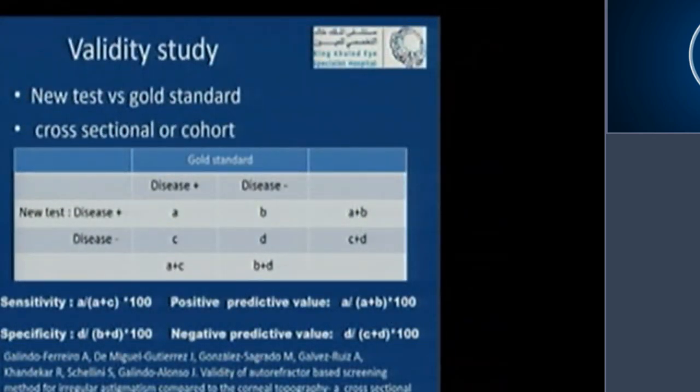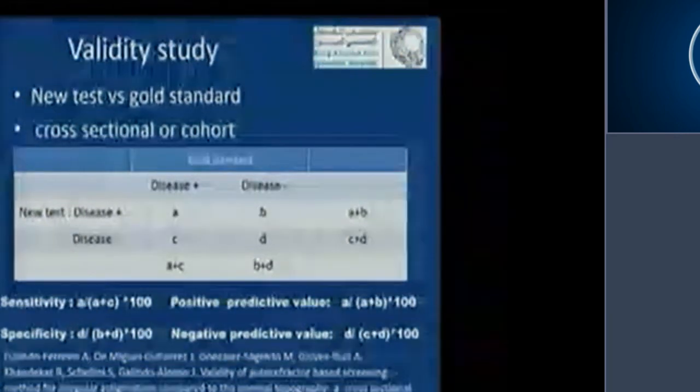A biostatistician will help you. But here you have to remember, one person is tested by two methods, the new method as well as the old method. So this is a clear thing. If you have not done the two tests on the same patient or same eye, you cannot do a validity study.